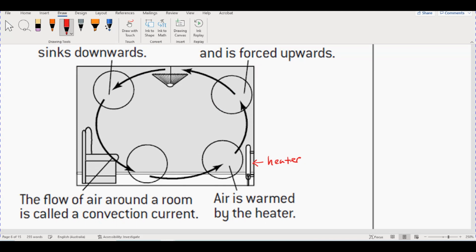Around the heater, the air molecules are warmed by the heater. Once warmed, the air molecules tend to move apart from each other. They will create a greater space. So that means the density drops right here.